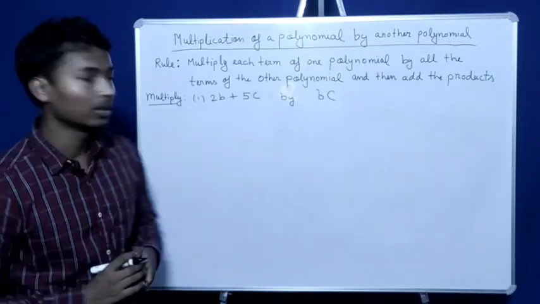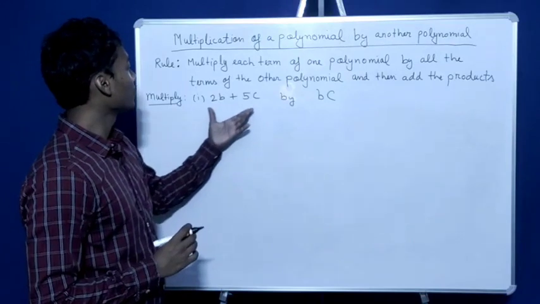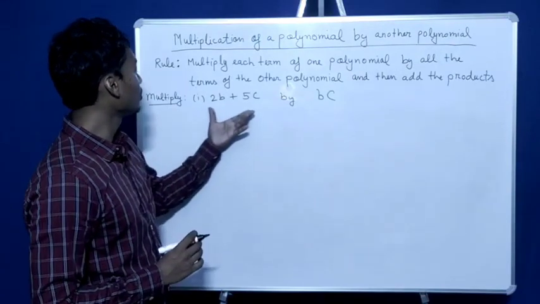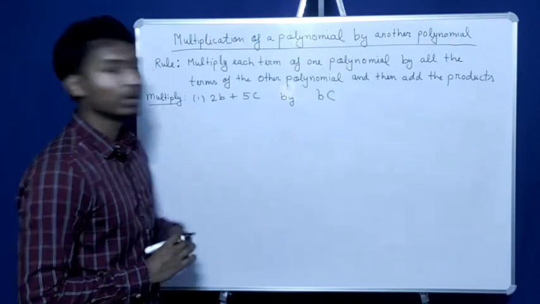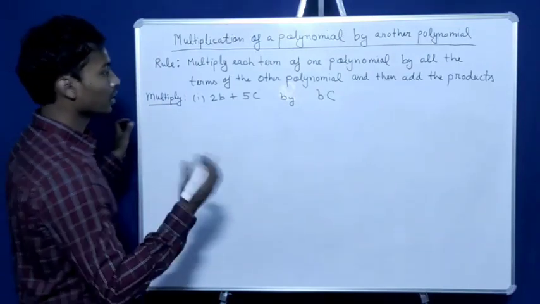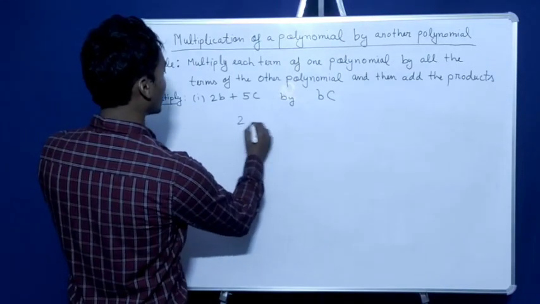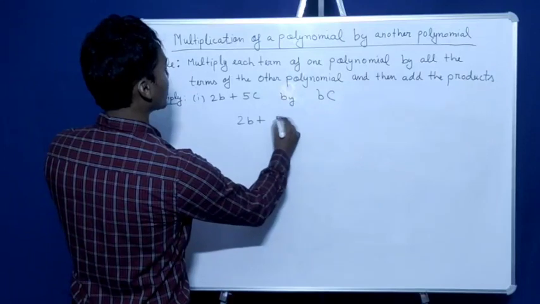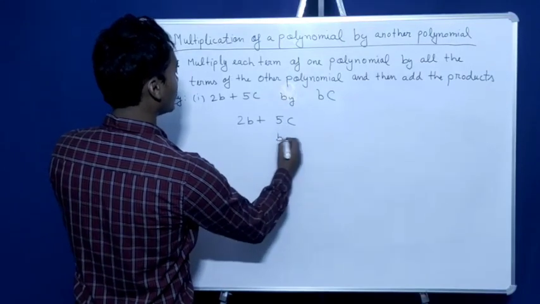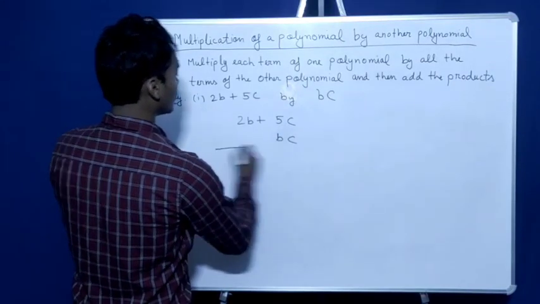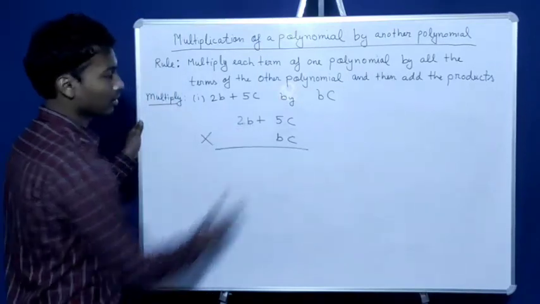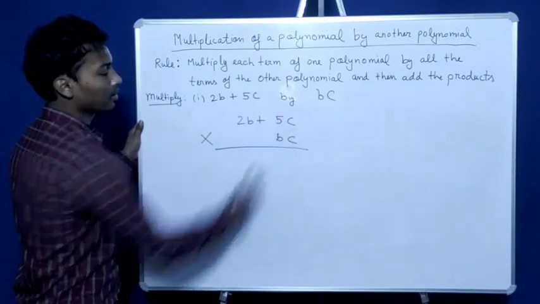So let's find the solution for multiplication of 2b plus 5c by bc using the column method. So we can write 2b plus 5c and bc here. So we can multiply this polynomial by this monomial.